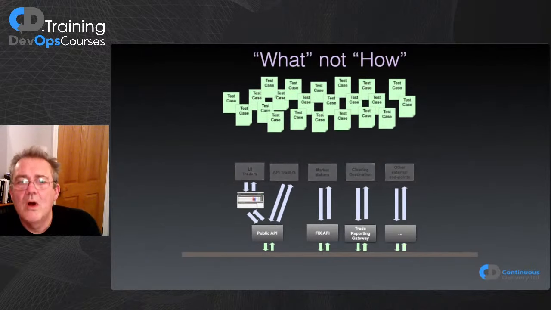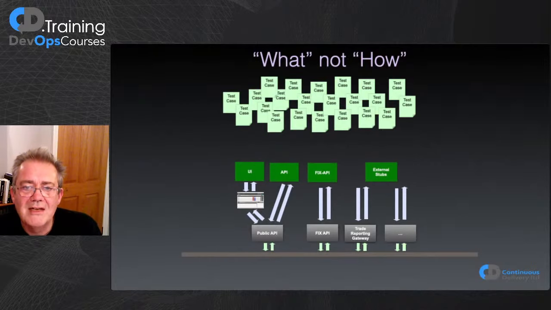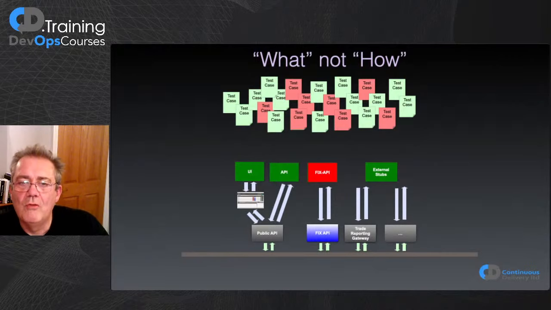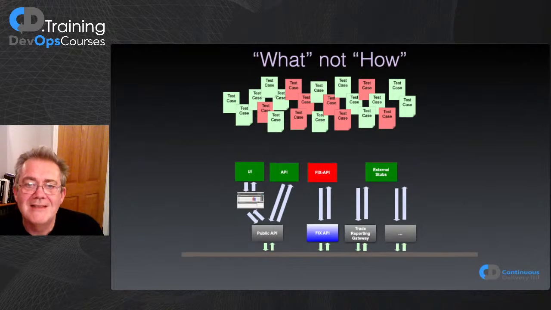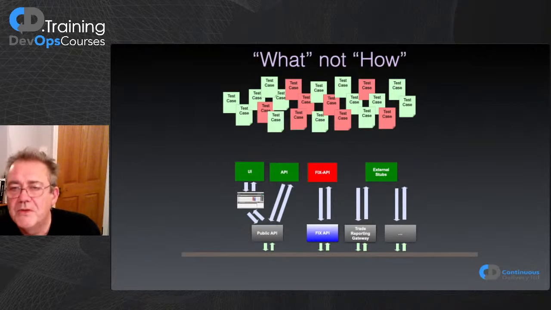And so what we're going to do is try to capture the interactions with the system under test in the form of some kind of higher level, more abstract representation of the problem. The test cases then talk in that language and interact with it. So if, for example, we wanted to place an order for something, the test case would talk in terms of placing an order and maybe the details of the order, but they would say nothing at all about how to connect to the system in order to achieve that.